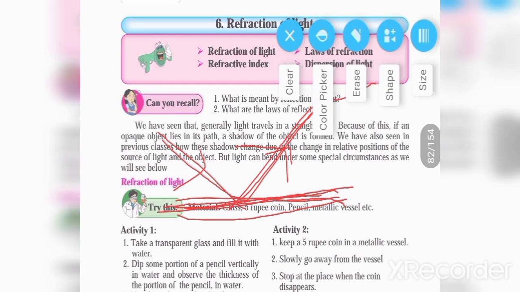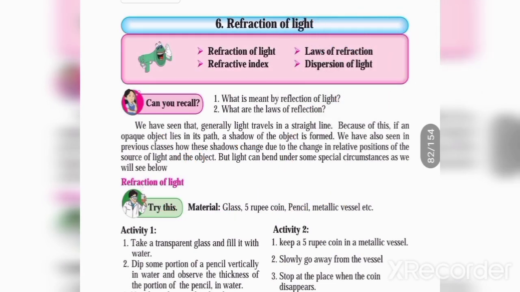The second question is: what are the laws of reflection? Remember that in reflection, the light ray is incident on any surface and it is reflected back, or returned back. The laws of reflection describe the same phenomenon. This is a surface.